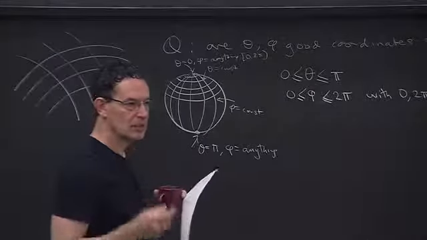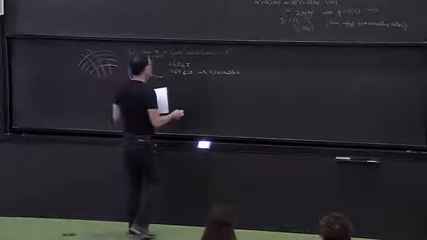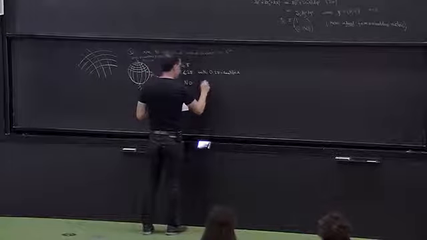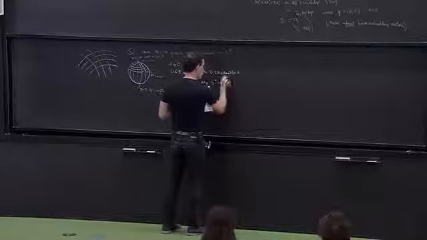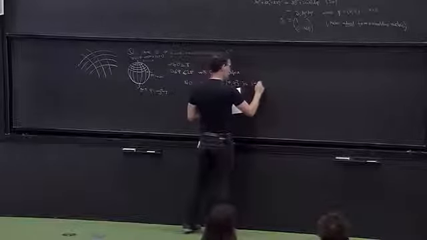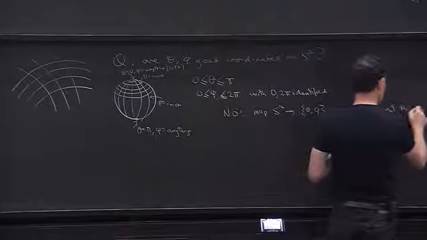So they're really bad coordinates. A map from S2 into theta, phi is 1 to many at the North Pole and the South Pole.